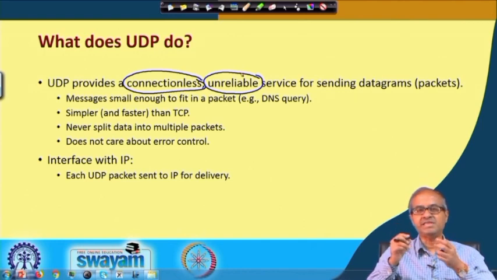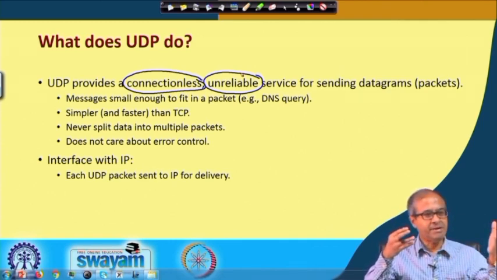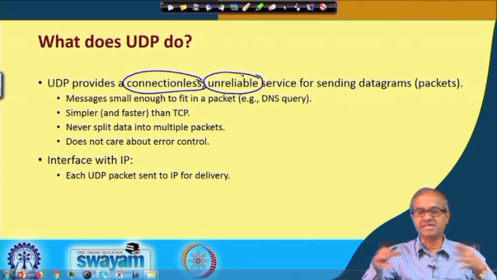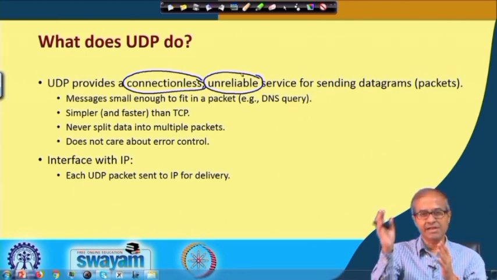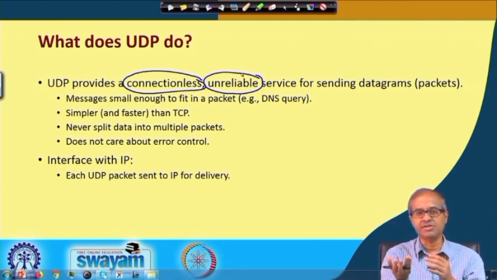There are some applications where even if some packets get lost, you do not care. For example, periodically some network equipment sends status information to a central server, saying that I am good, or what the status is. Even if one or two packets get lost in between, it does not matter, because the next packet will come again very soon, so I will know about the status.